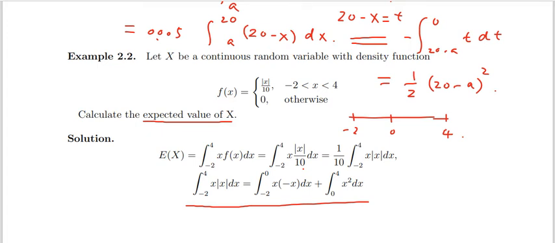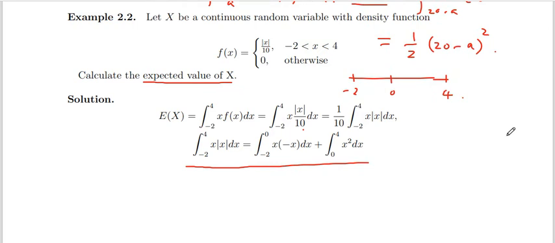By now this integration is really very easy, right? So for this one it is a negative integral from -2 to 0 of x squared, and this is the integral from 0 to 4 of x squared.